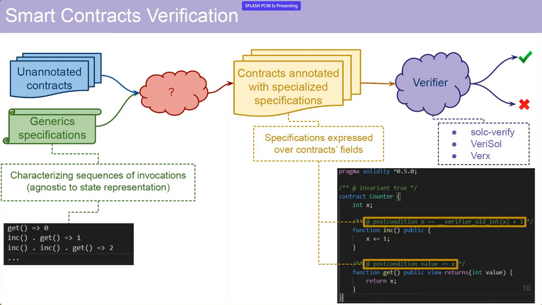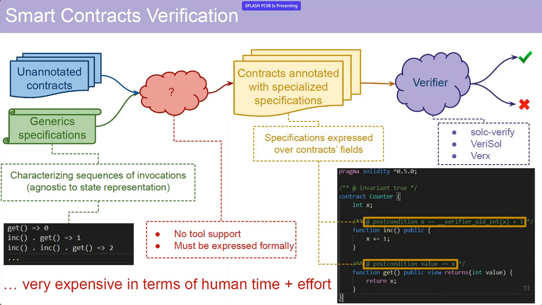So here, for increment, we can just say that when you do get the first time, you return 0. When you do get after increment, you get 1, and so on. To the best of our knowledge, for extracting the specialized specification from this generic specification, there are no generic tools that can express this specialized specification formally, which means that it will be very expensive in terms of human time and effort to do this.